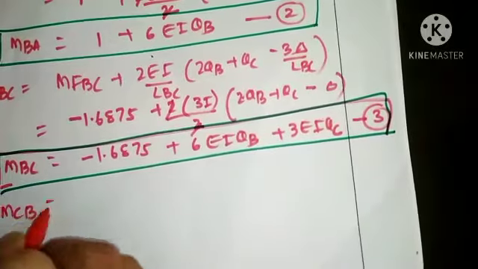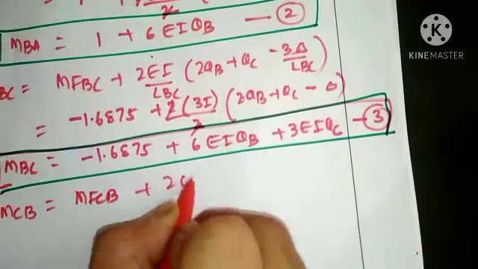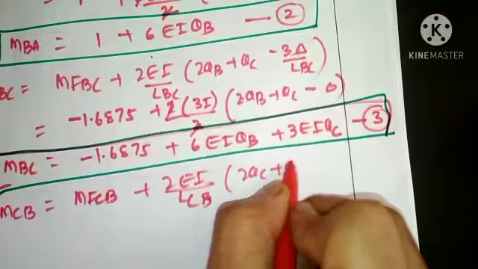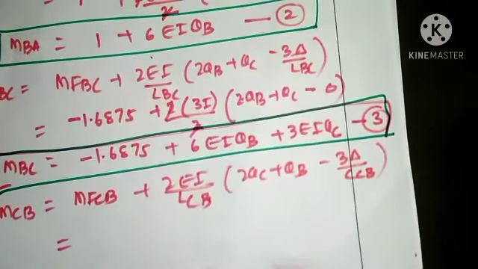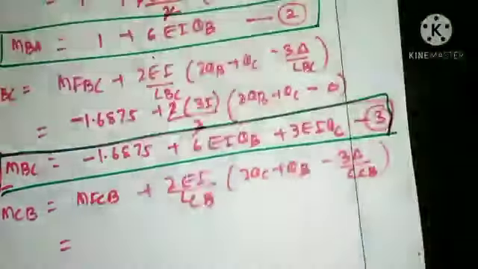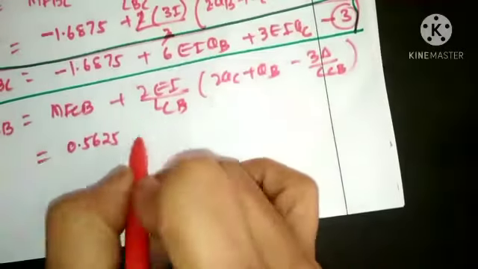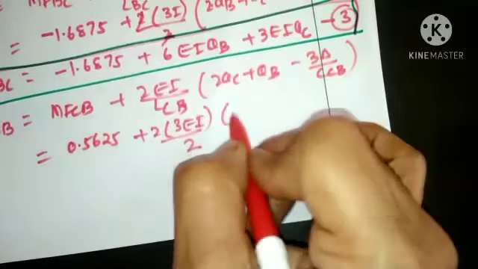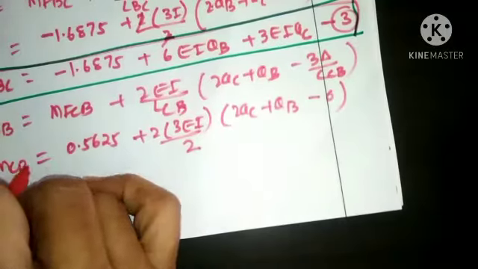Then moving ahead for MCB. MCB will be MFCB plus 2EI divided by LCB times 2 theta c plus theta b minus 3 delta divided by LCB. The MFCB value is 0.5625. So this value will come as 0.5625 plus 2 into EI value, which is 3I, divided by 2, times 2 theta c plus theta b minus 0, which is MCB.